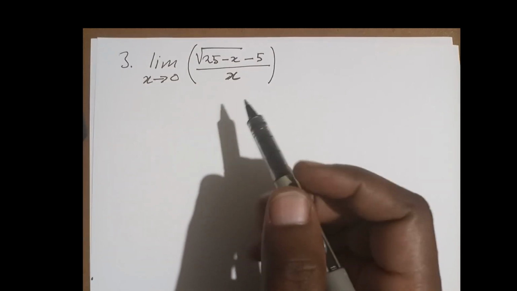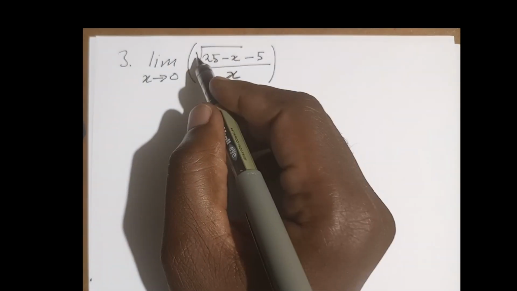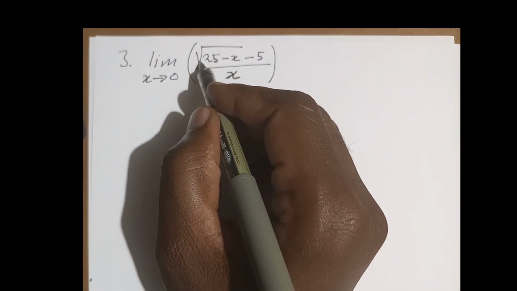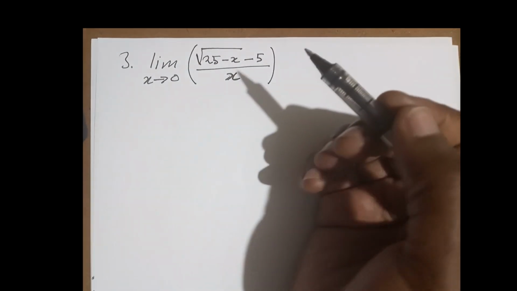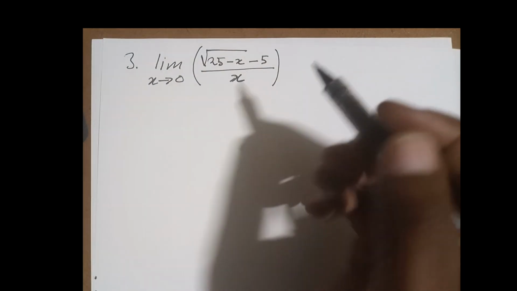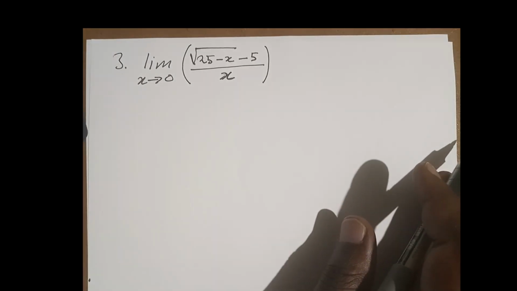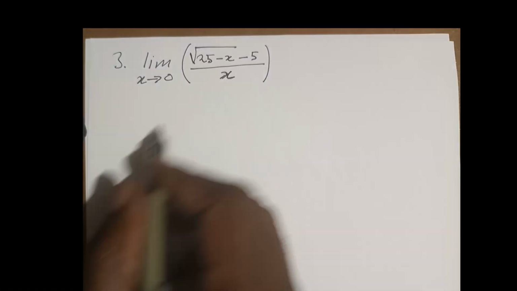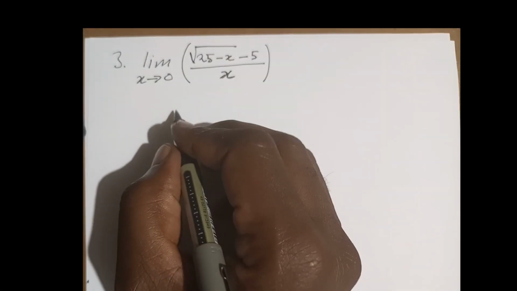Okay, so what do you do? When you see the square roots here, you do what is known as rationalizing. In this case, we're going to rationalize the numerator. So how do you do that? Get the expression from inside here.